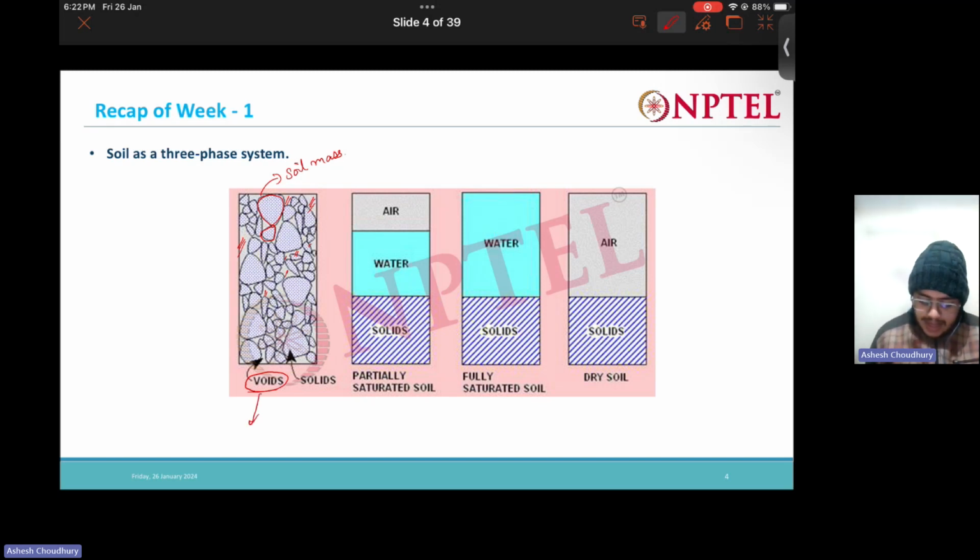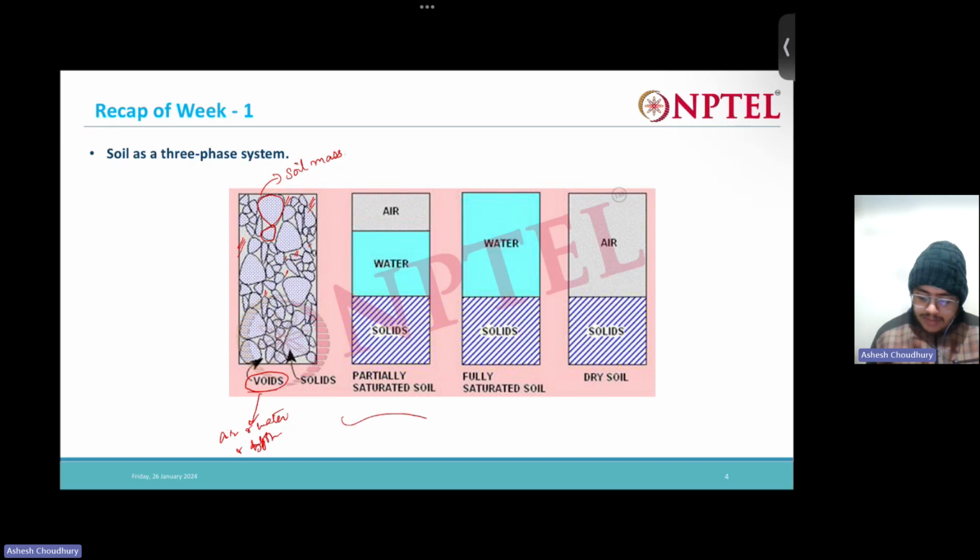So these voids can have only air, or only water, or both. Right. So whatever you see here is nothing but the phase diagram. So this is called a phase diagram.